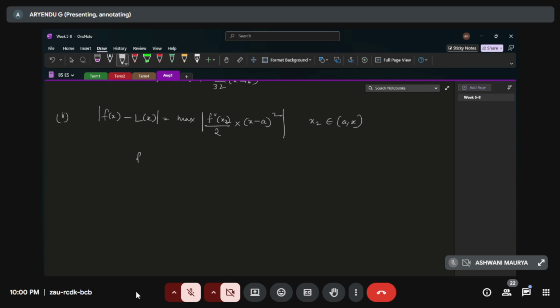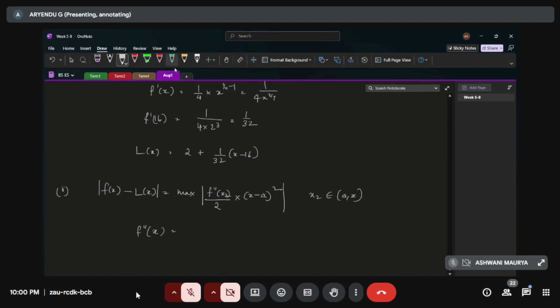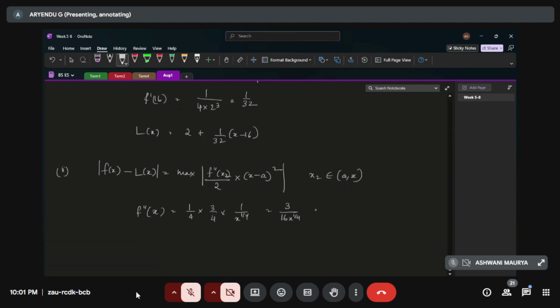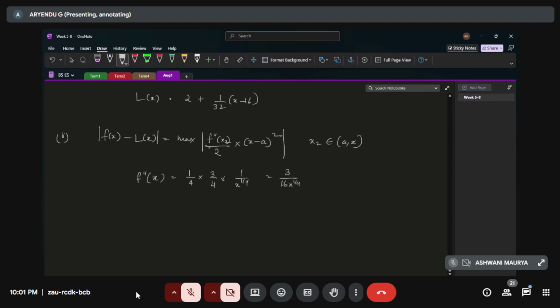So for that we have to find the double derivative of x, which is given by, from this derivative we can take 1 by 4 into 3 by 4 into 1 by x raised to 1 by 4. It will give us 3 by 16 x raised to 1 by 4. So here we have to understand that we have to take the maximum possible error.